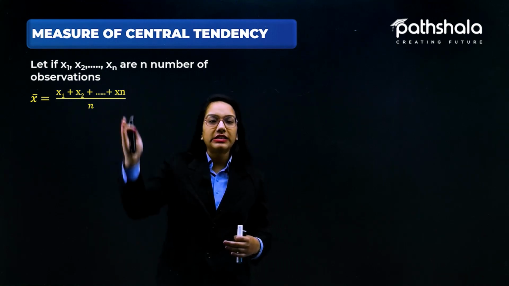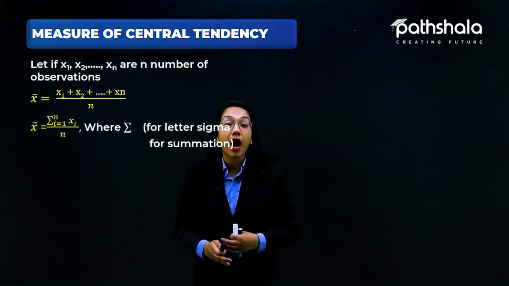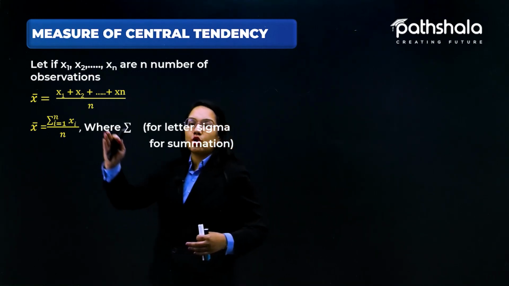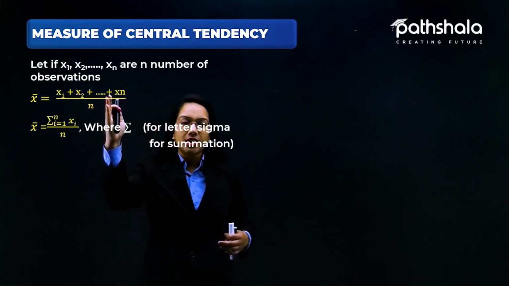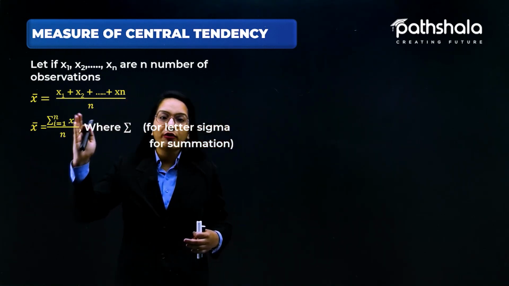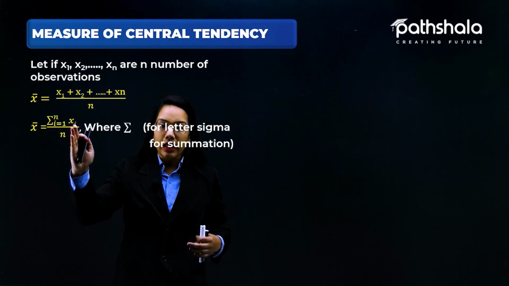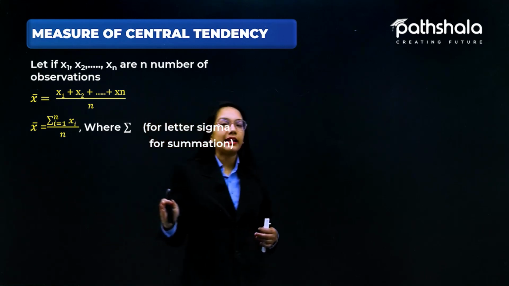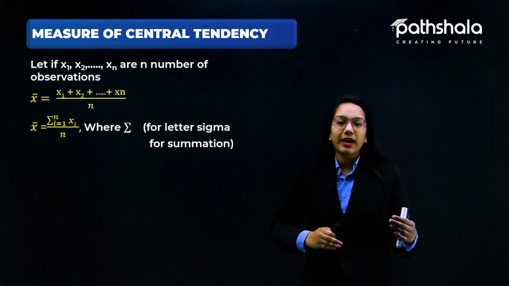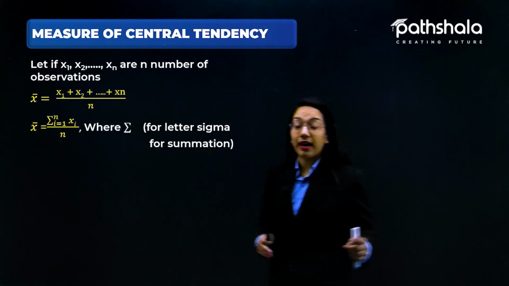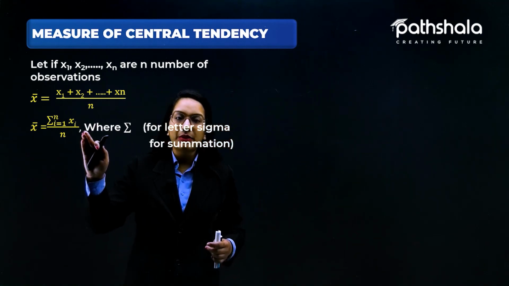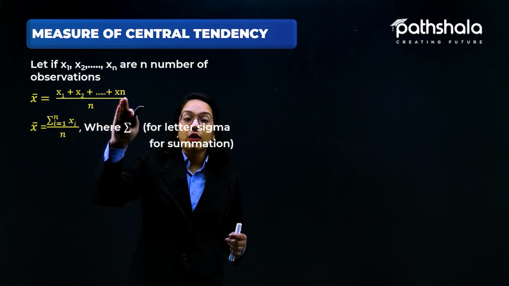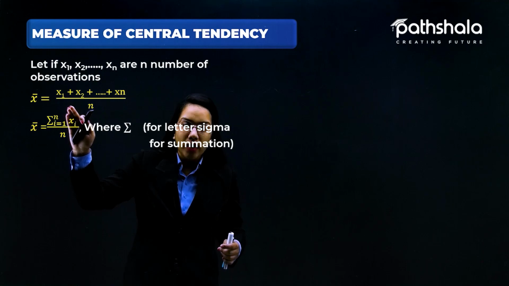Moreover, we can write this in the form of a sigma, where sigma is a symbol of summation. As you can see, we can also represent x1 plus x2 plus x3 plus and so on plus xn as sigma xi, where i runs from 1 to n, divided by n. Why are we writing i from 1 to n? Because we have taken the symbol xi, and since we know that we are starting with x1, x2 and going till xn, we are starting with 1 and going till n.